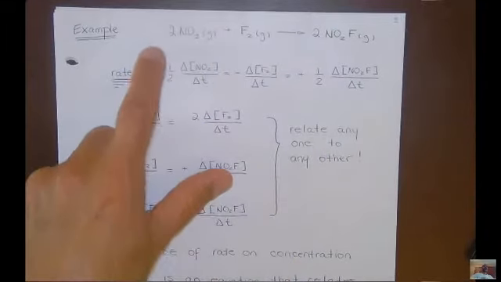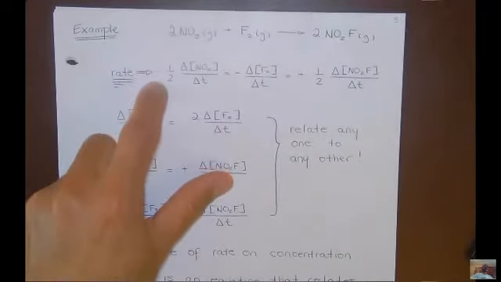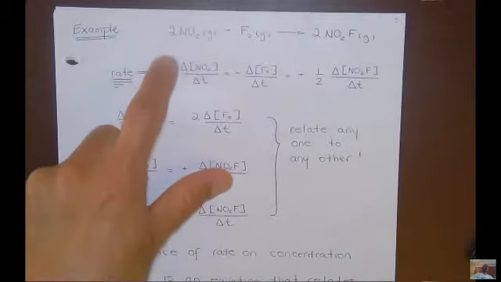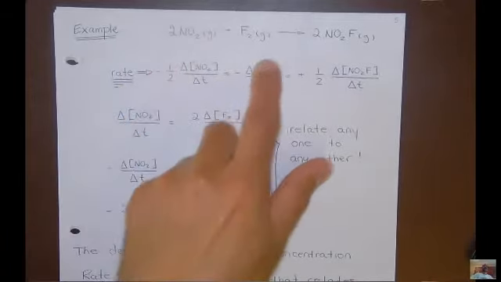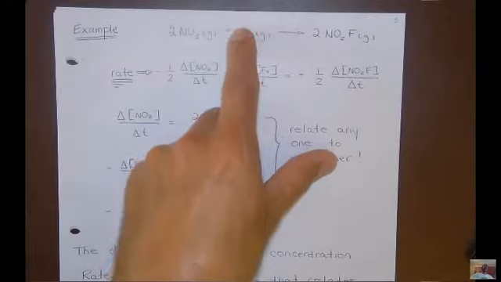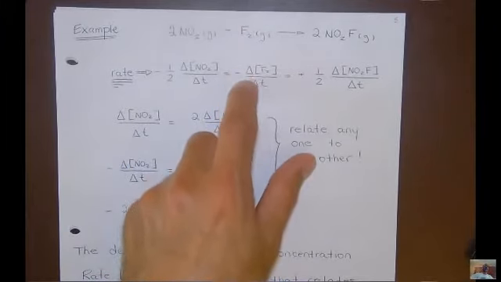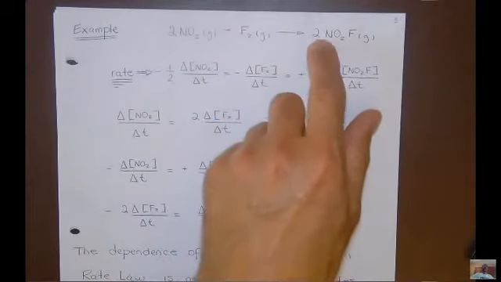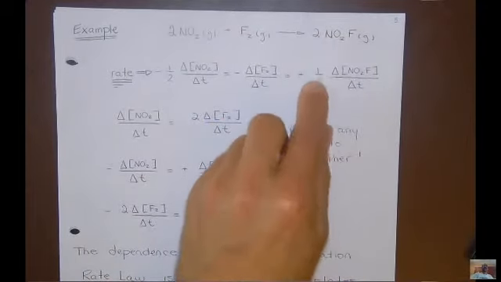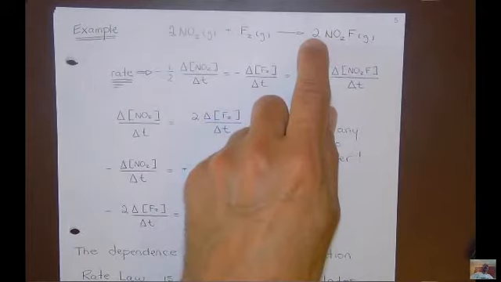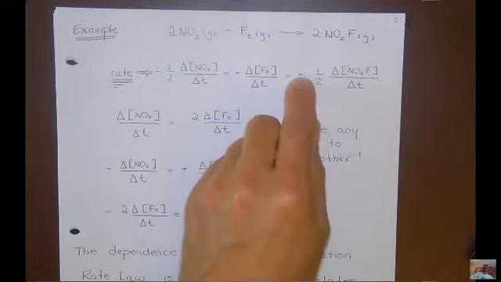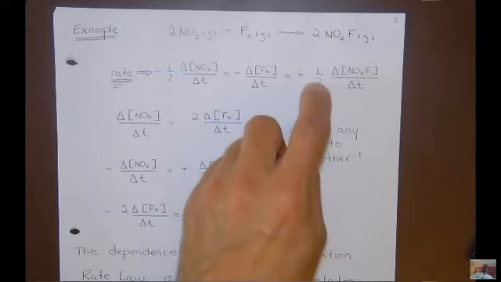Well, anything that's a reactant gets a negative sign, and then the 2 becomes 1 over 2 here. Fluorine has a coefficient of 1, so I just have a negative 1 over 1, which is just 1. The NO2F has a coefficient of 2, and it's a product, so it's a positive sign, and it has a 1/2.